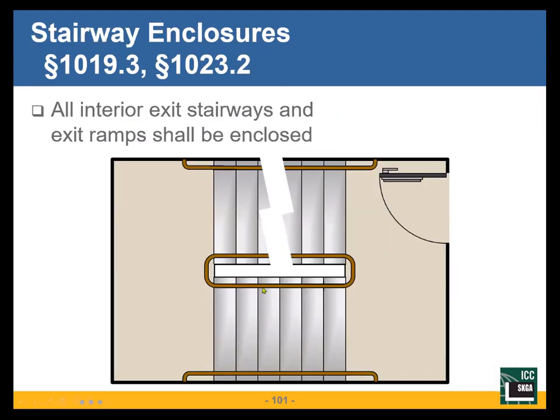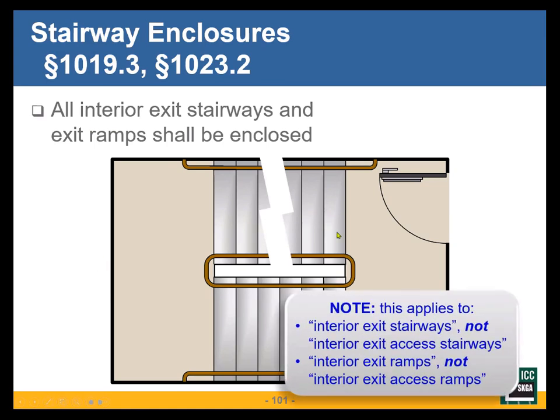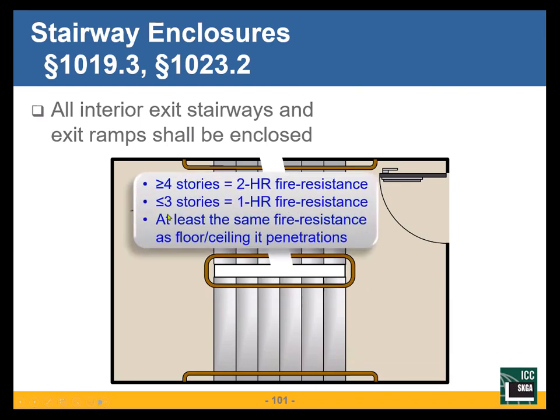Stairway enclosure. My interior exit stairway is required to be in a fire resistance rated enclosure, not my exit access stairway. It can be without an enclosure. So my stair, 4 stories or more, 2-hour construction. Less than that, 1-hour construction.